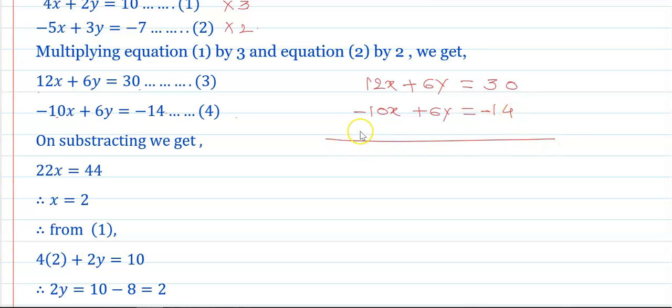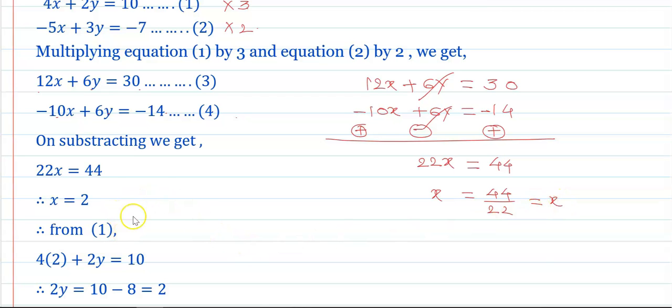So when we subtract, here is a plus, next is a minus, and here is a plus. Plus 6y minus 6y gets cancelled. 12x plus 10x, you will get 22x, and here is 44, and therefore x is equal to 44 upon 22, and we will get x is equal to 2.